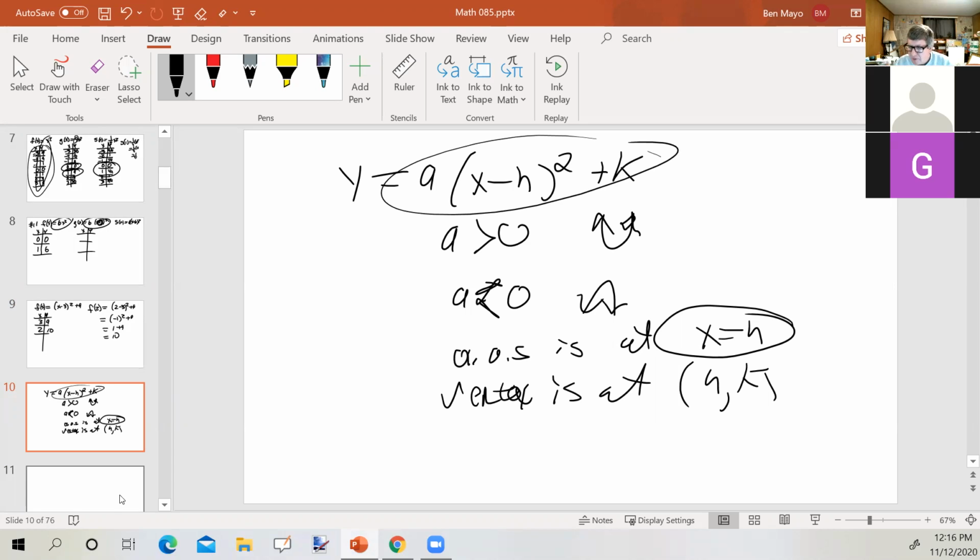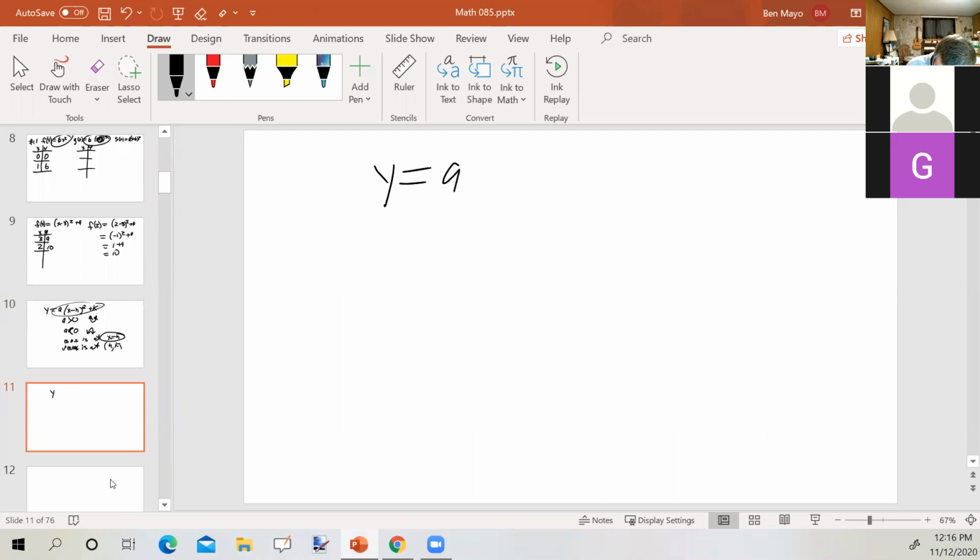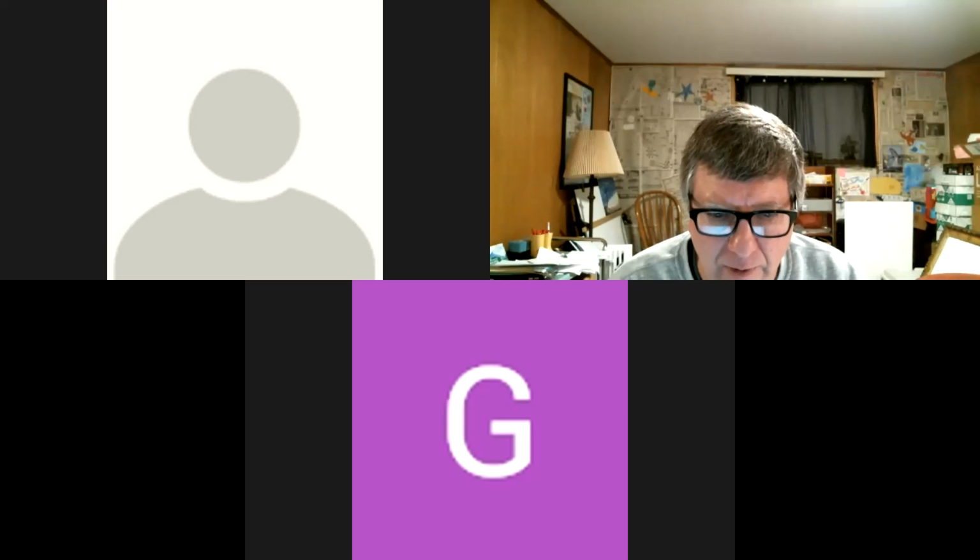All right. Tomorrow, we're going to come back and we're going to look at equations of the form that. And we'll find the axis of symmetry and the vertex using some different formulas that I will introduce tomorrow. So your WebAssign assignment sort of combines both forms. So if you get into problems, let's go back to WebAssign.